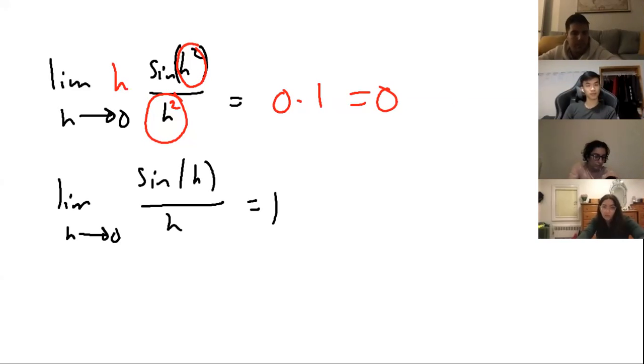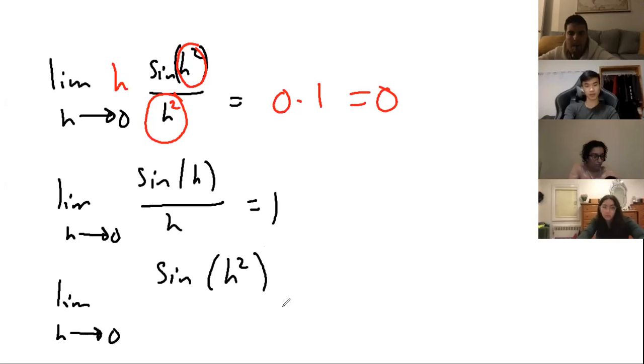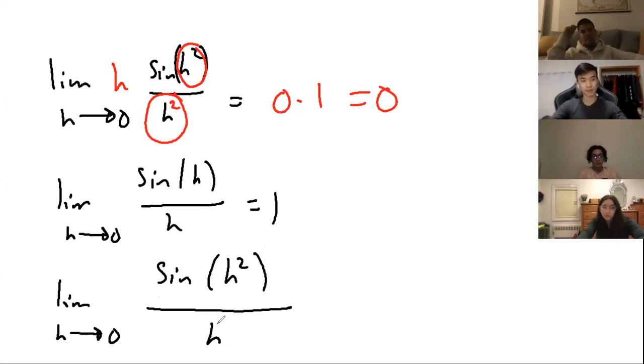Okay, and then what? When I write a limit as h goes to 0 of sine of h squared divided by h, I cannot conclude it's 1, because there is a vanishingly small number here, but the vanishingly small number in the denominator is not the same.